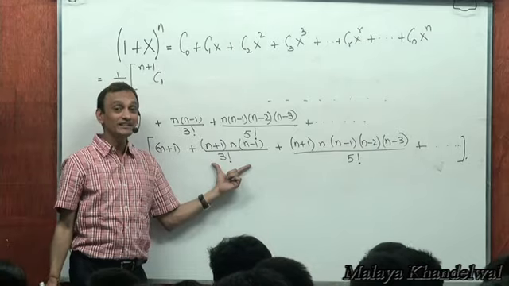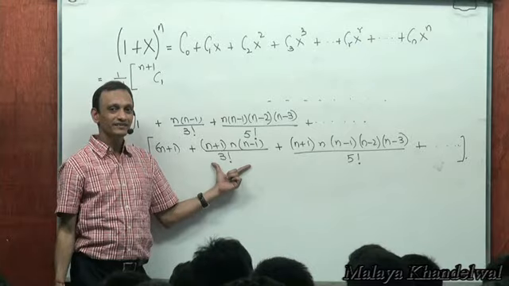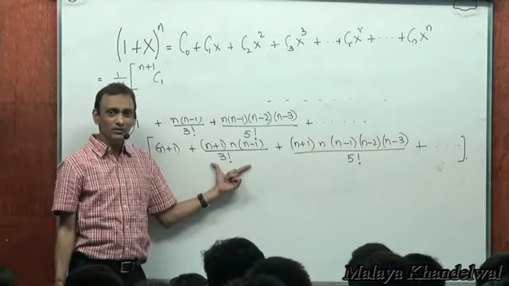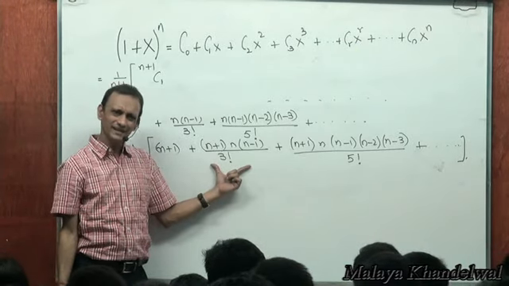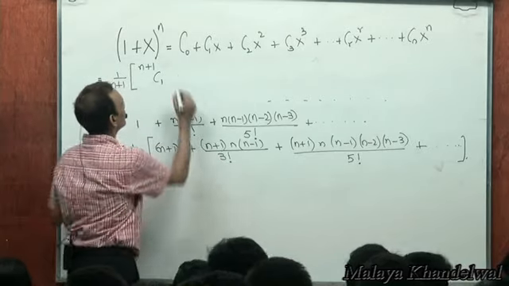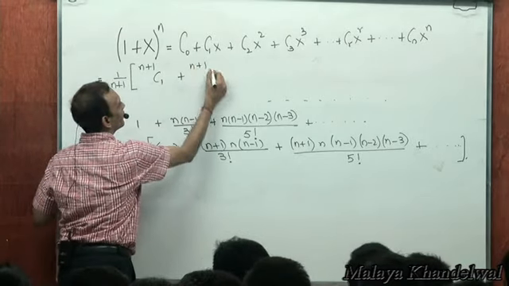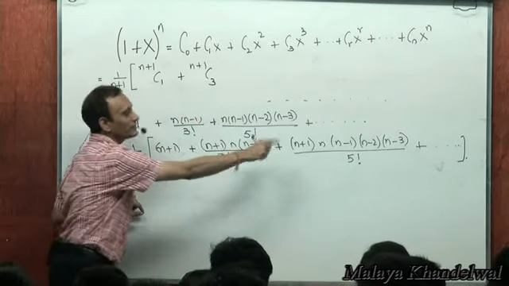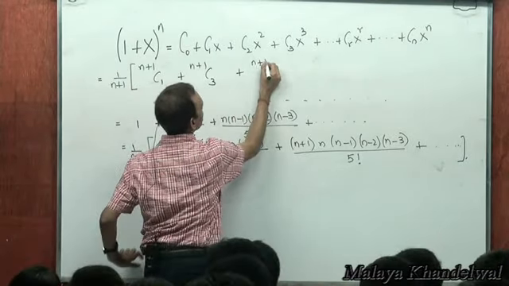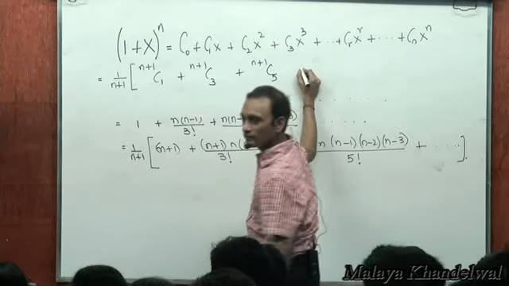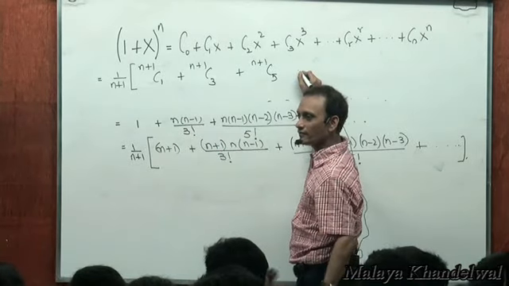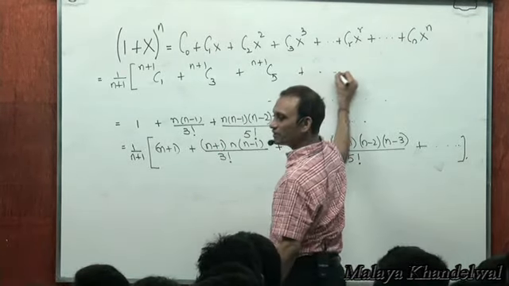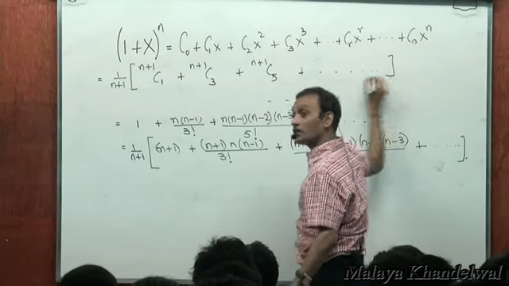This is n plus 1 C3. You're skeptical about this? No? N plus 1 C3? That will be n plus 1 C5. Right? And going this way? Yes or no?